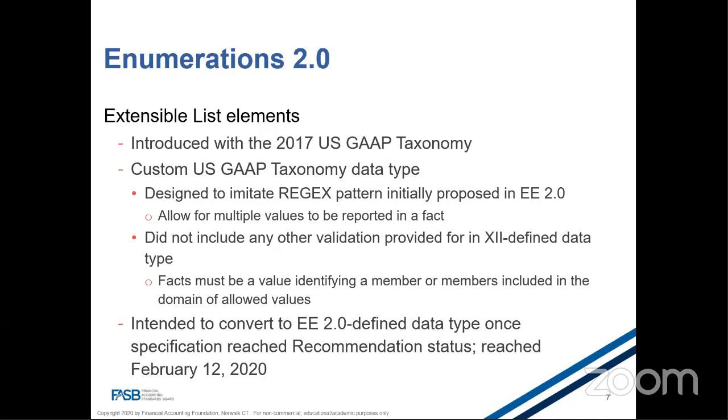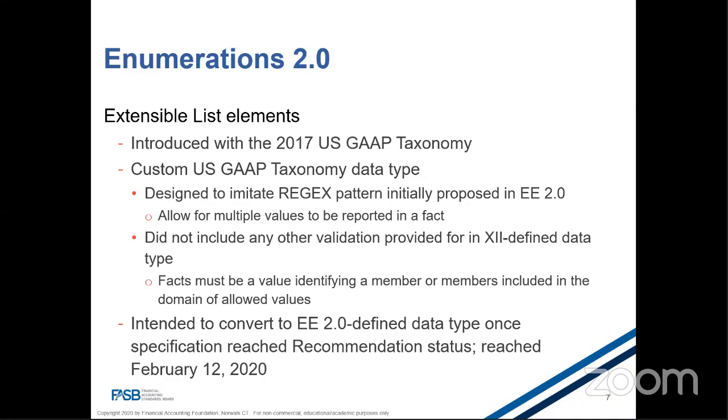This is why we were going for EE 2.0 and why we didn't implement enumerations 1.0, because that only allowed for a single value to be reported. We had seen data that suggested that multiple values would need to be reported in certain cases.